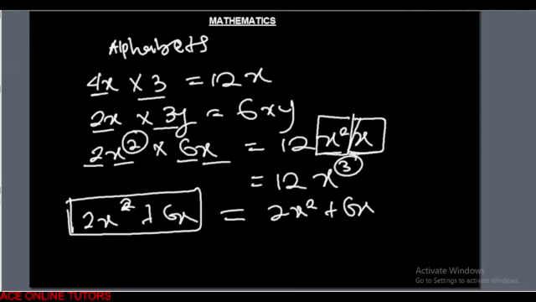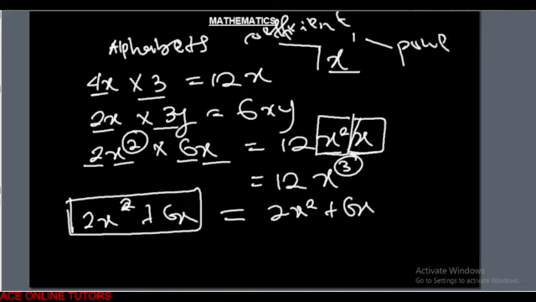Now if you have any alphabet, maybe x, and it's not given any power, it exists only once. So that means automatically the power is 1. And if there is nothing beside it, that means the coefficient is also 1. So this number that stands beside an alphabet, we call it coefficient, while this number on top, we call it the power.